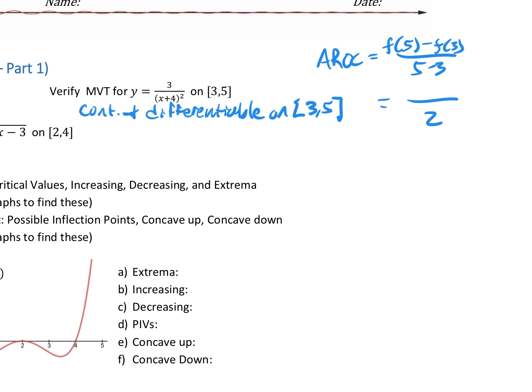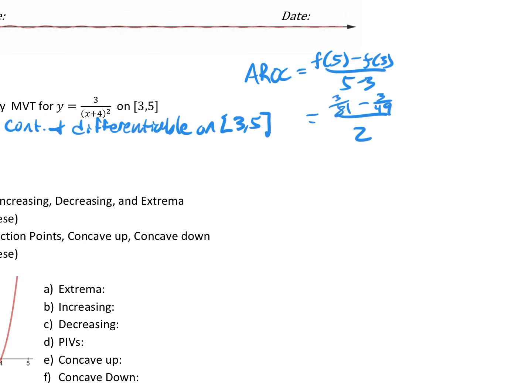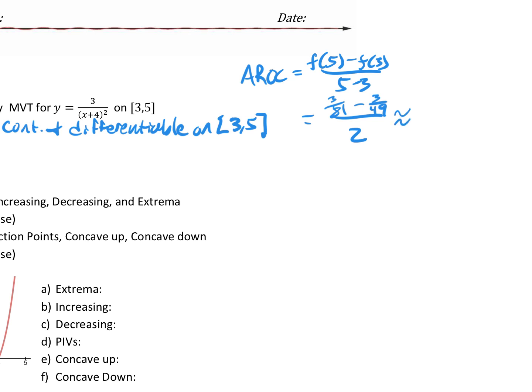You get 3 over 81. When you plug in 3, you get 3 over 49. Kind of ugly. Going to our calculator, this is about negative 0.012. All right, we'll go with that.